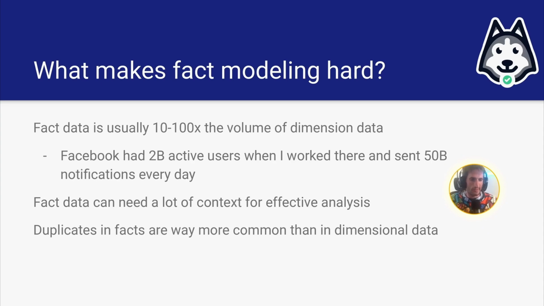And the big way you can figure out how big the fact data is going to balloon is based on how many actions are taken per dimension. For example, when I worked at Facebook, we sent about 25 to 30 notifications a day.